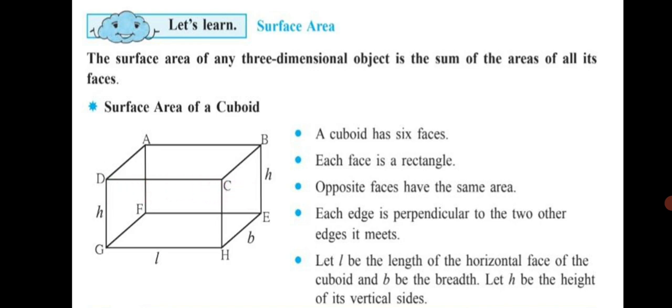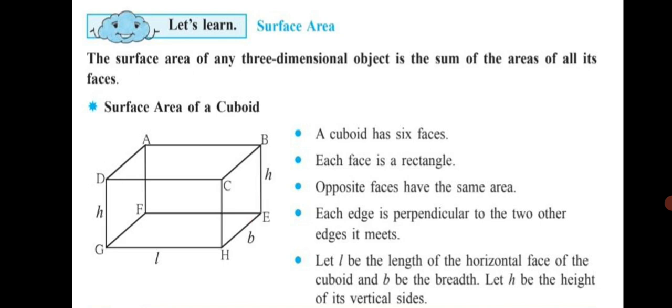Each edge is perpendicular to the other 2 edges it meets. Let L be the length of the horizontal face of the cuboid, here down. So here you can see L is the length and B be the breadth. Let H be the height of its vertical sides.